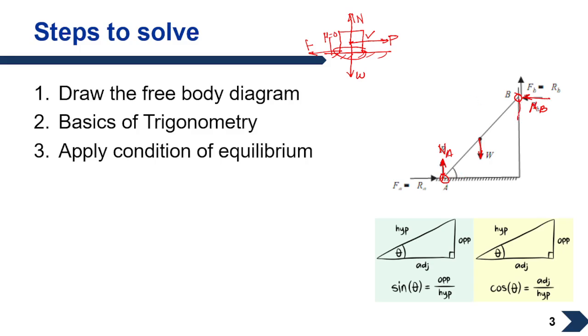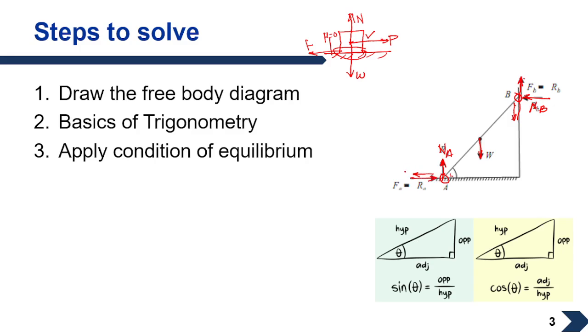Now this ladder at point B will try to move downward, and hence the frictional force, which always acts opposite to the direction of motion, will act upward. At point A, this ladder will try to move outside, towards the left, and hence the frictional force will act towards the right.